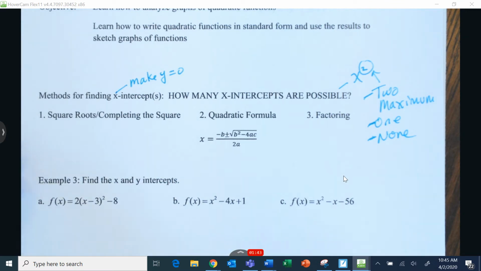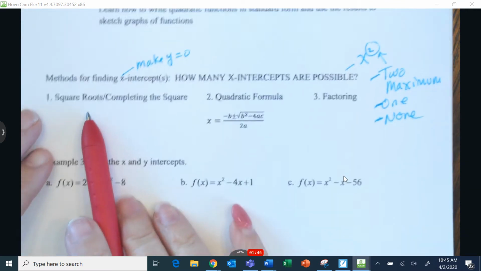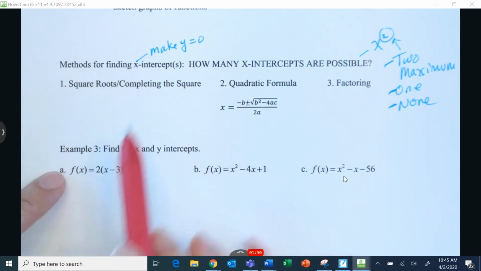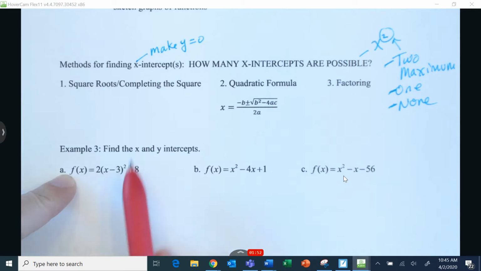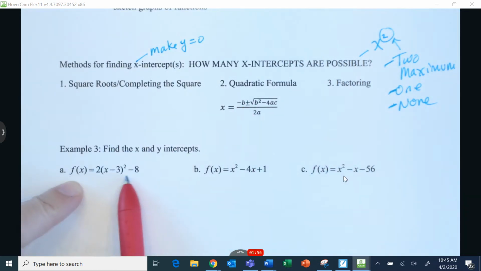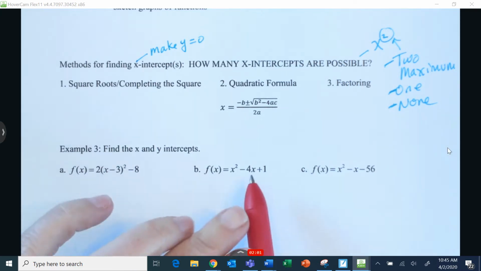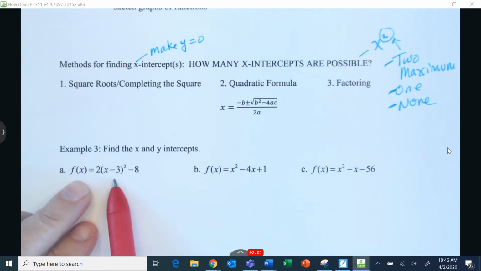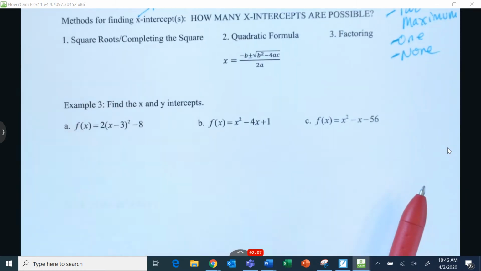All right, so our first method would be solving by square roots, which could also be solving by completing the square. Question A is in vertex form. So question A would be one where you either took an equation and put it into vertex form, or it was already given to you in vertex form. We're going to solve this by square roots.